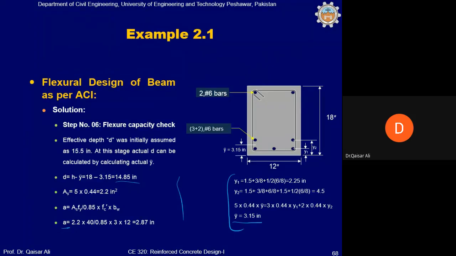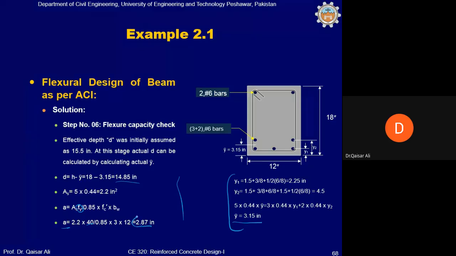अच्छा, तो यहाँ पर आप जरा देखें. ए विल बी स्लाइटली lesser because Fy is now grade 40. In our case, it was I think 3.1 inches or something like that. No, it was 4 inches.